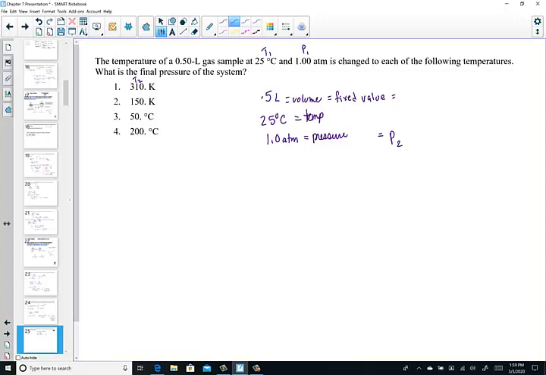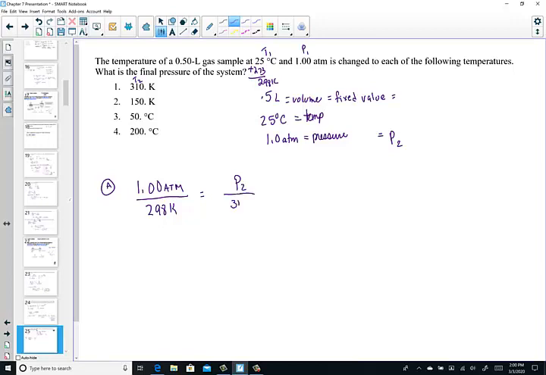So each time we set up the equation, we have the same left side, 1.00 atmospheres set over 298 Kelvin units. That's our T1. We'd like to know the new pressure.